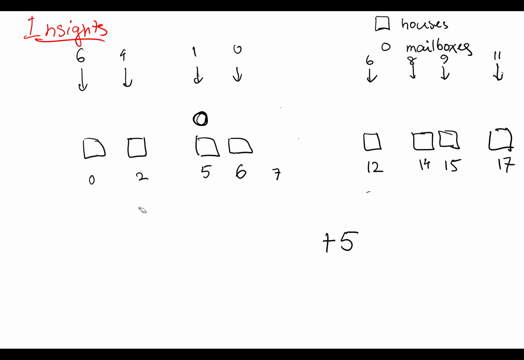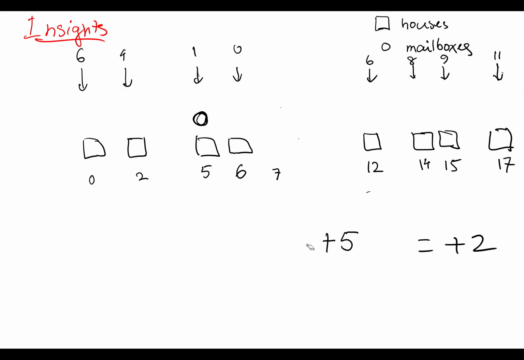They now have a lesser distance to the mailbox, so each of them has one less distance. Previously it was 6, now it will be 5, then 3, and this is going to be 0. So in total, we haven't gained anything, because we are trying to minimize the distance, but by moving it to the left we are actually increasing the distance.